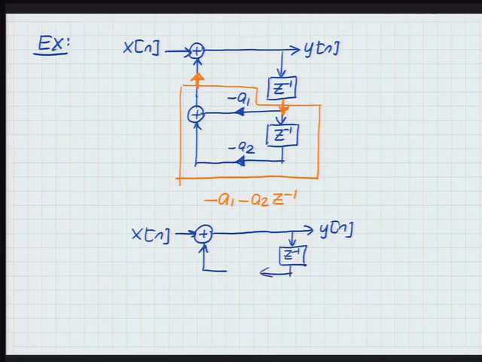Oh, this is not a great drawing, but you can live with it, I guess. So, and then this box, right? Okay. So as it is, this looks like positive feedback, and what's inside the block is negative A1, negative A2 Z inverse. But that's the same as removing these negative signs here and making that negative feedback.